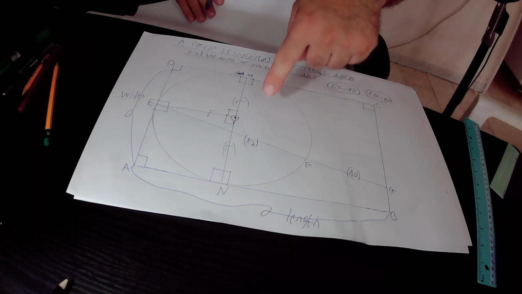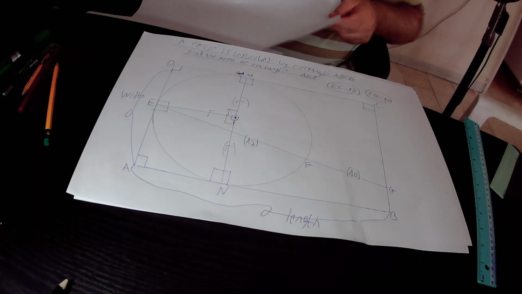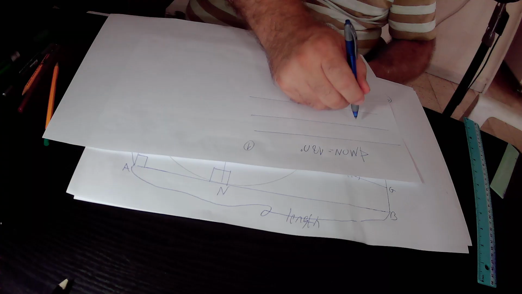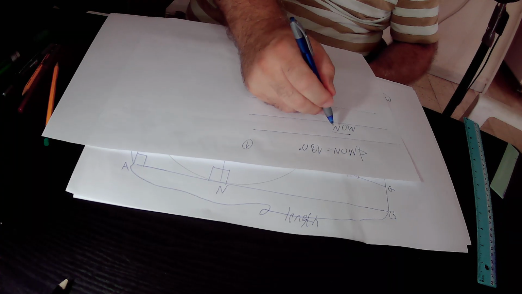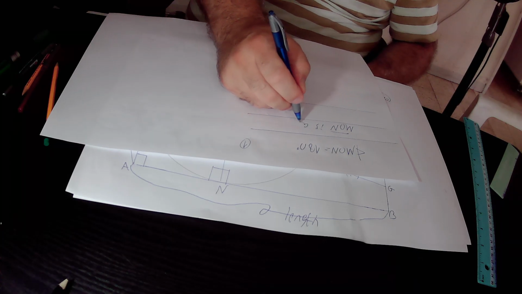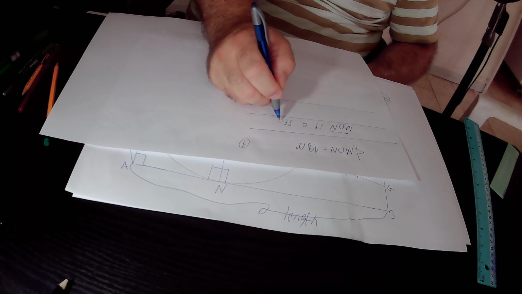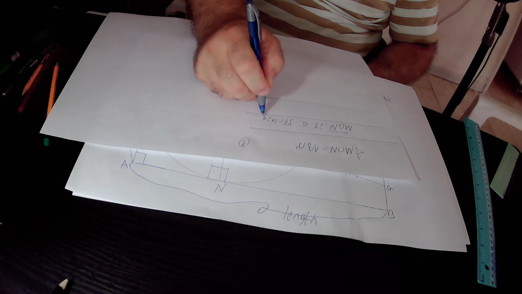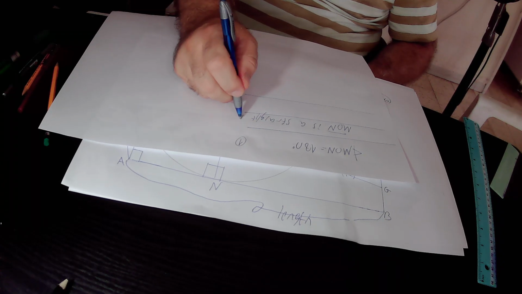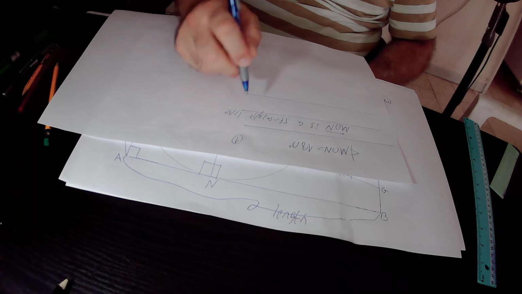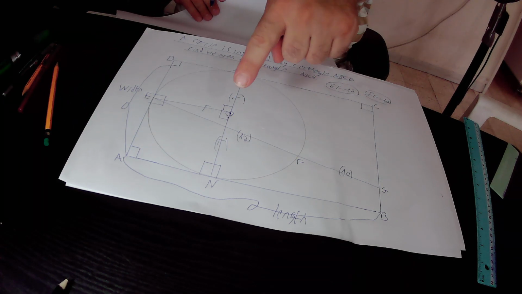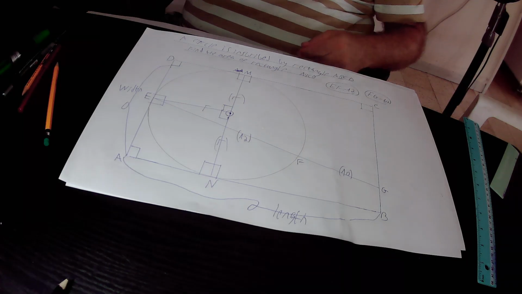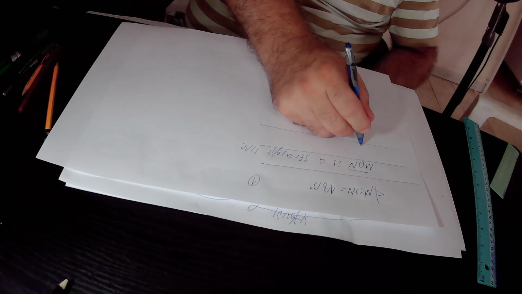Therefore, MON is a straight line, or line segment MON is a straight line. But if MON is a straight line, then MN is of course also a straight line. So write it down. MN is also a straight line.